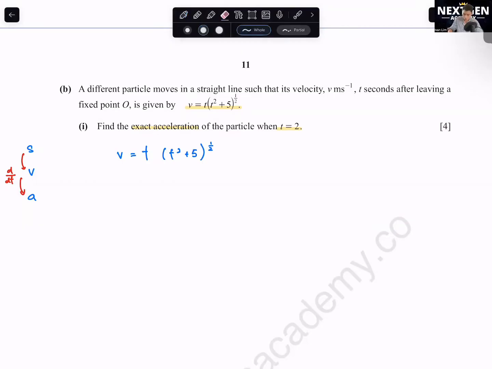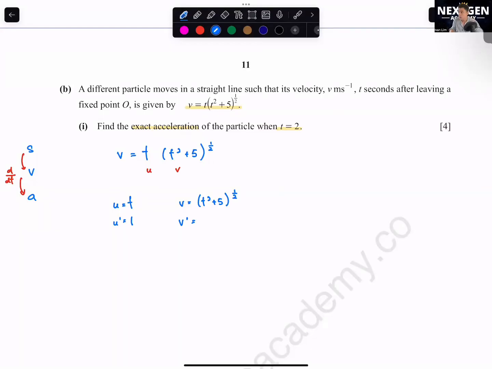Okay, I want to differentiate this. This is uv, right? So u is equal to t, v is equal to t squared plus 5 power 1 over 2. Okay, u prime is 1, v prime, this time we have to use our chain rule.